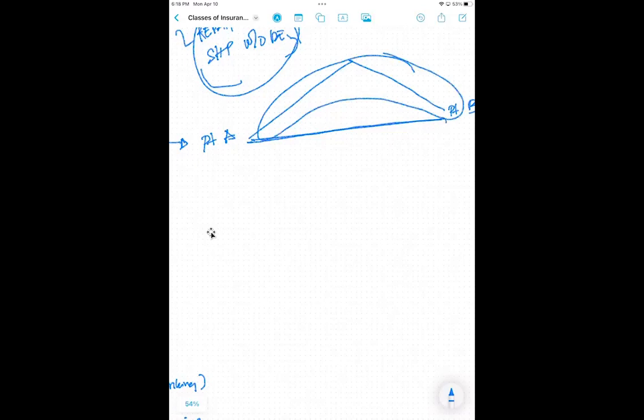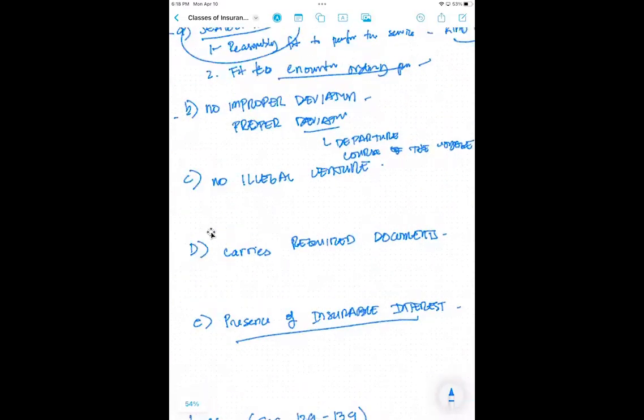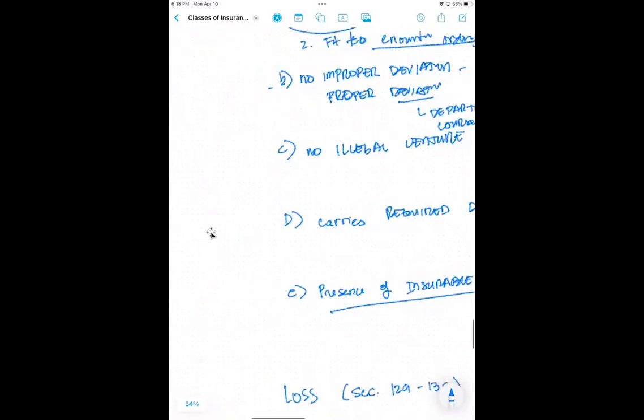Because this is the voyage, but this happened, then that is the deviation. Now if the deviation is improper, and a loss occurred because of such deviation, then the insurer will not be liable. Now when is the deviation proper?